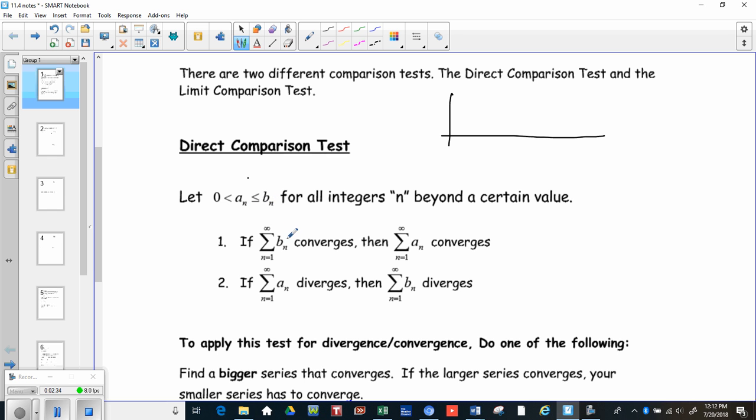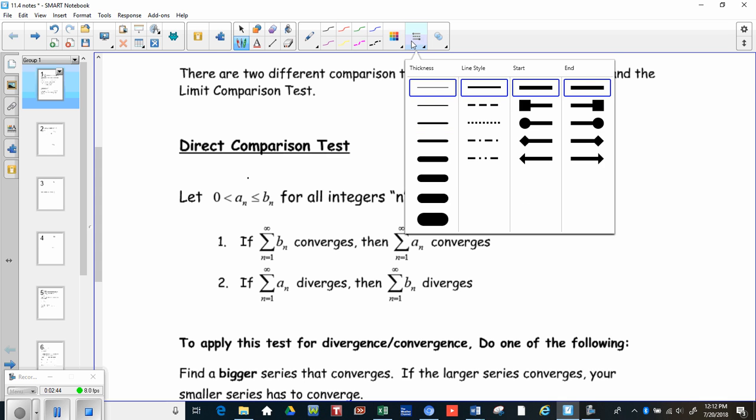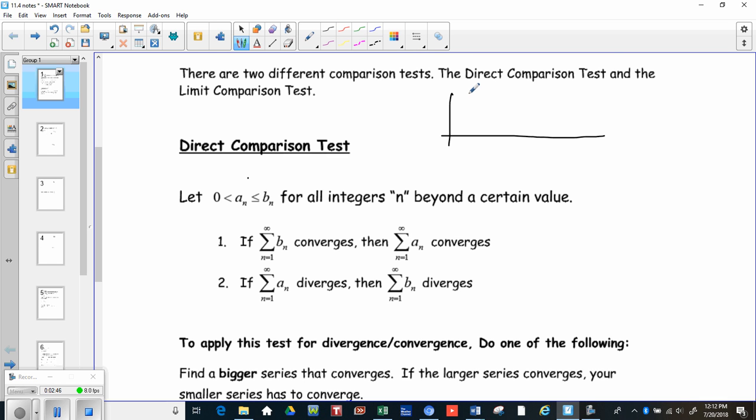So the first one says, if b sub n converges, so we're going to call this series that I'm getting ready to draw right here, b sub n. And it's going to look something like this. As you know, for something to converge, its terms must approach 0. Let me draw that again.